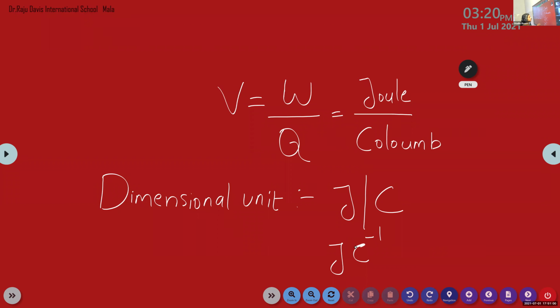You may please note it is not the SI unit, it is the dimensional unit of voltage or potential difference, that is joule per coulomb or J C raised to minus 1.